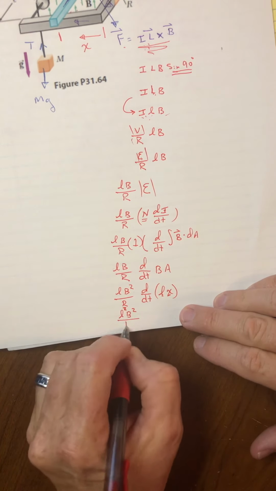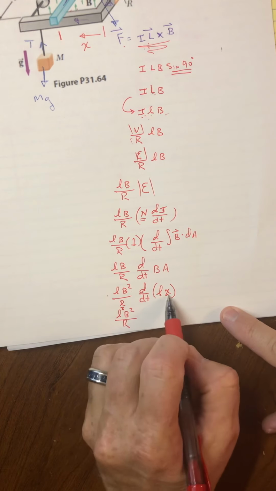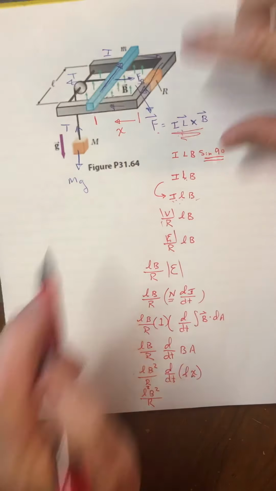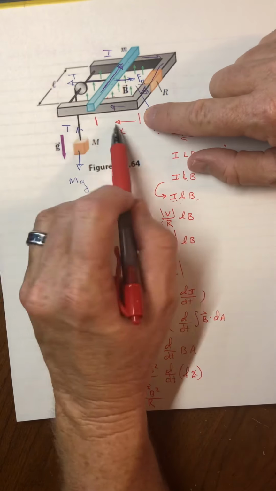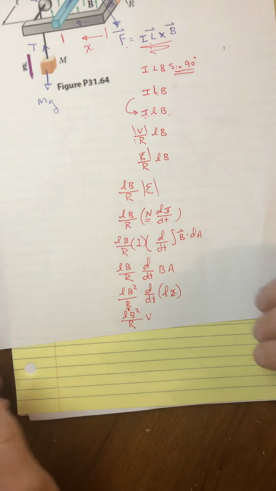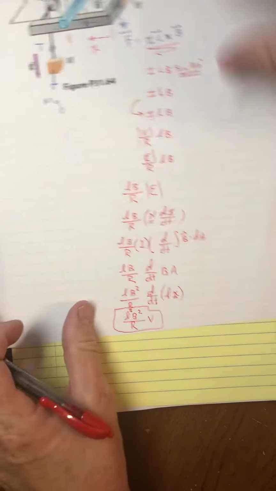So that becomes an L squared over R. And then I have the derivative of X with respect to time. And that is just how is this thing moving in the X direction. That really is the velocity. So there is the magnetic force.